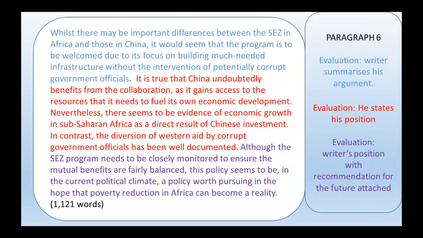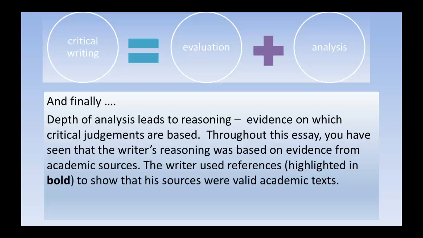Paragraph 6, we've got the summary of the writer's argument, we've got this statement of position, and then all of those we can say that's evaluation. The writer is evaluating all the analysis that he's done, summarising it, stating his position, adding a recommendation. So that's all evaluation. Now in this way you can see again that critical writing equals evaluation plus analysis.